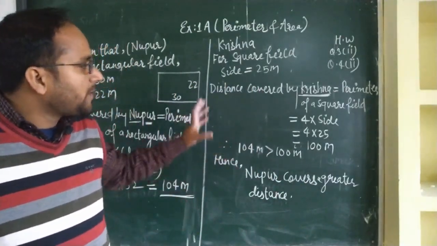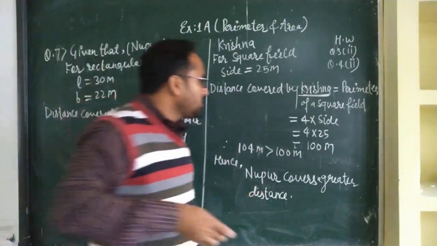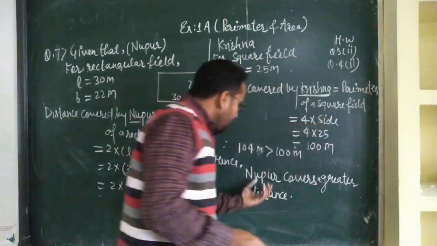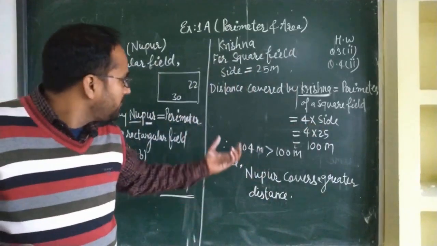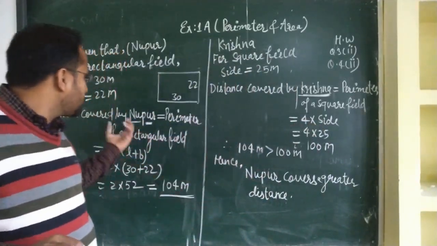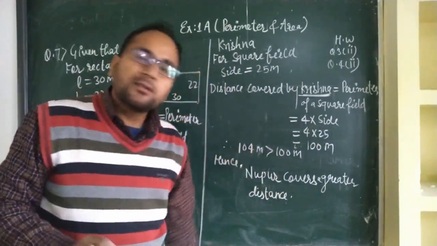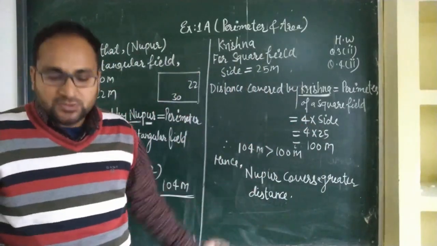In both the cases you find the perimeter, and then you compare whose distance is greater. In this case, Nupur's distance is greater than Krishna's. So this is the answer for question number 7.